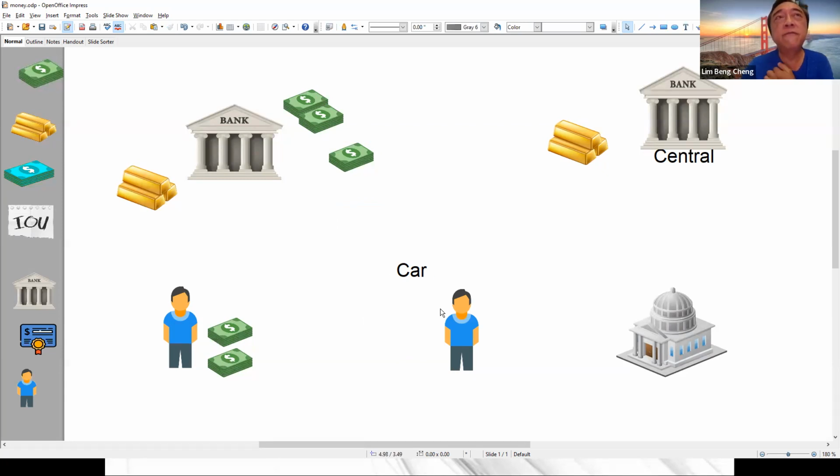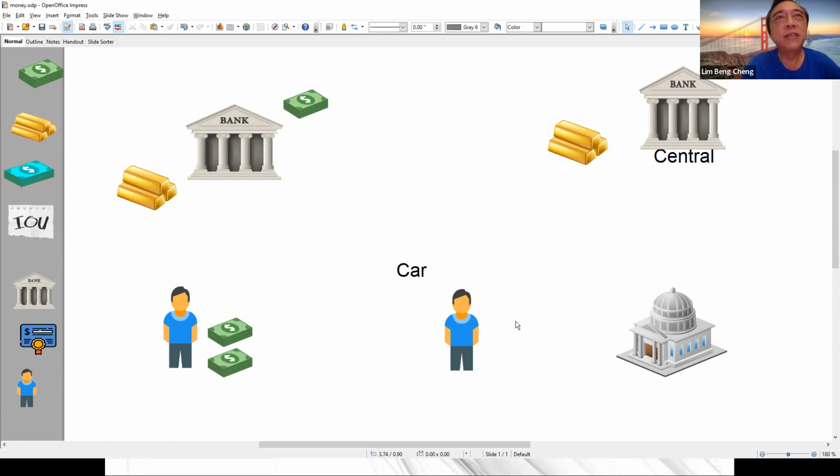So if the person wants to take a loan from the bank, okay, and assuming the bank does not have much money, the bank doesn't have a lot of cash. There's always a limited amount of cash.